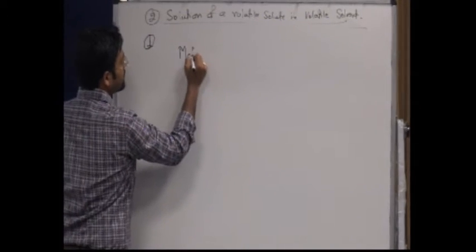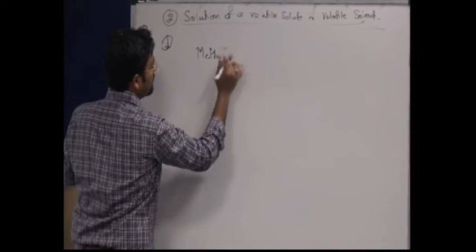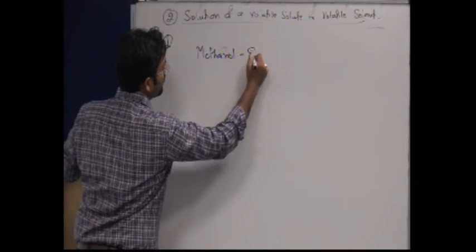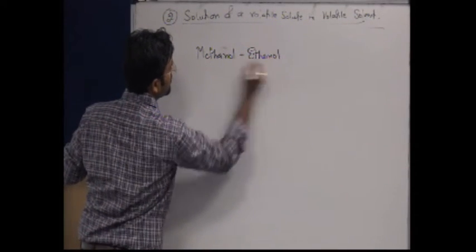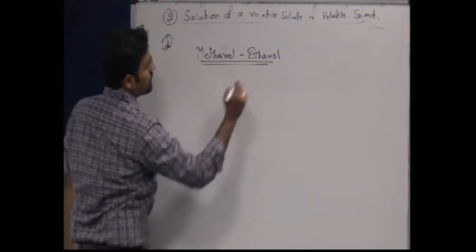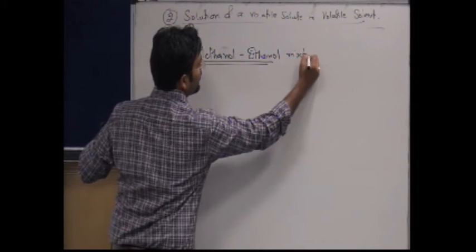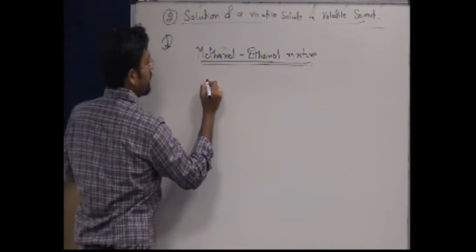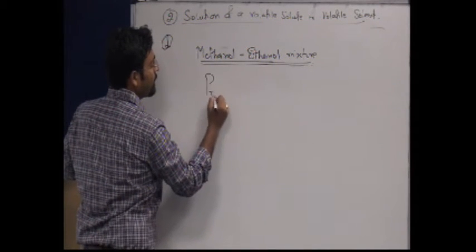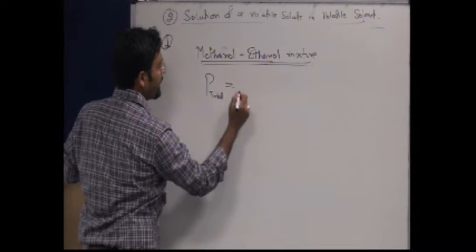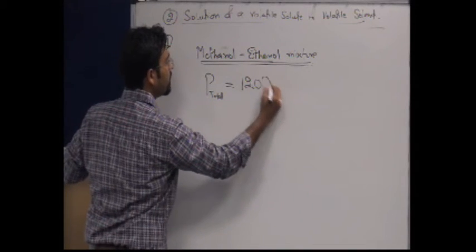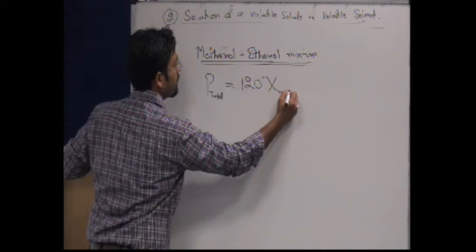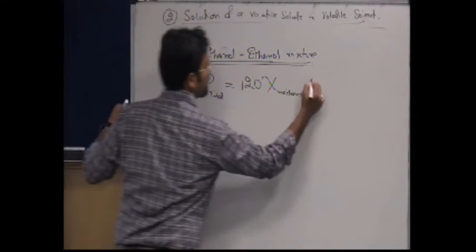For example, there is a methanol and ethanol mixture. In this methanol and ethanol mixture, the total vapor pressure can be represented by 120 into the mole fraction of methanol plus 140.